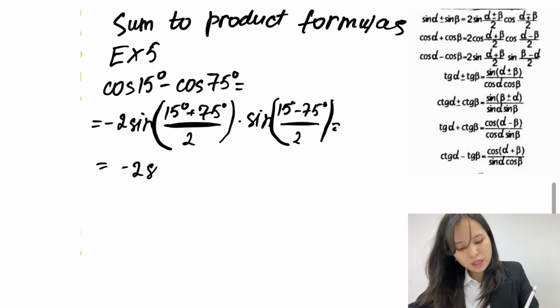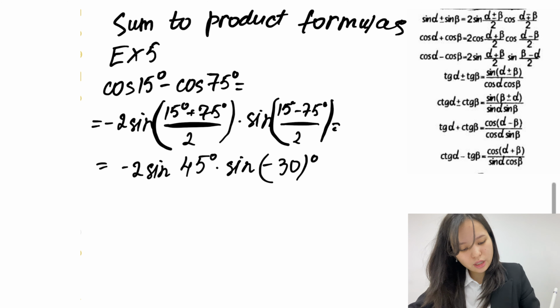It's equal to minus 2 sine 45 degrees, right? Multiplied by sine minus 30 degrees.